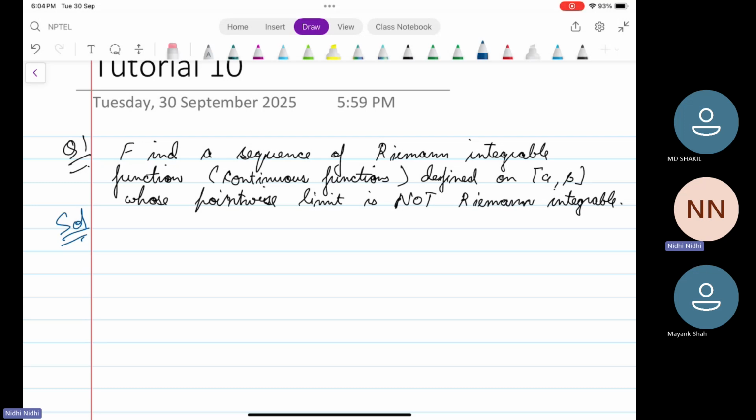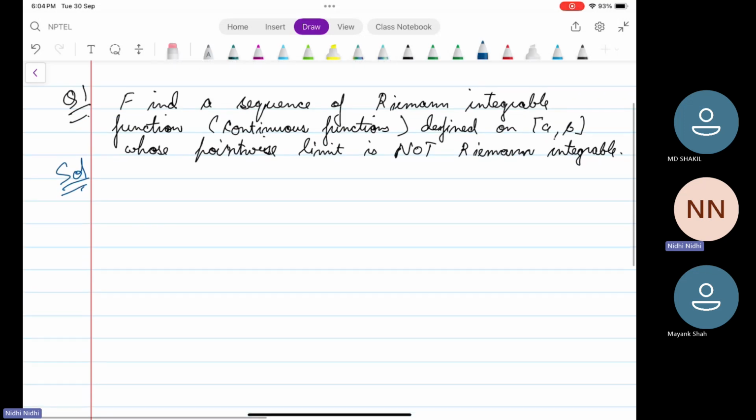So let's start with the assumption that, without loss of generality, a, b are positive real numbers. We can similarly construct a sequence for negative as well. Not a big deal. So now we'll be using the fact that the set of rationals is countable and hence we can enumerate it.